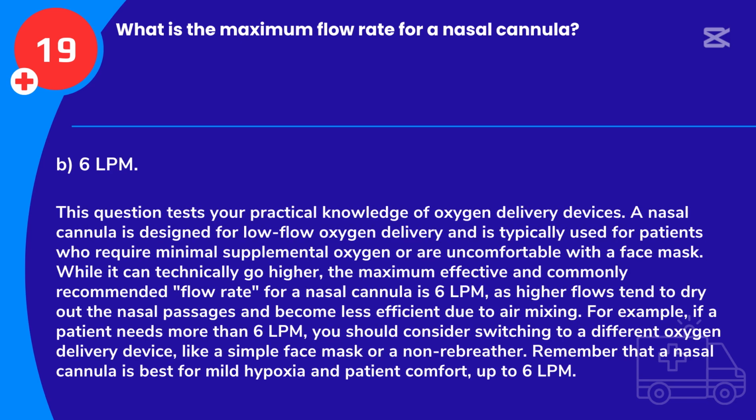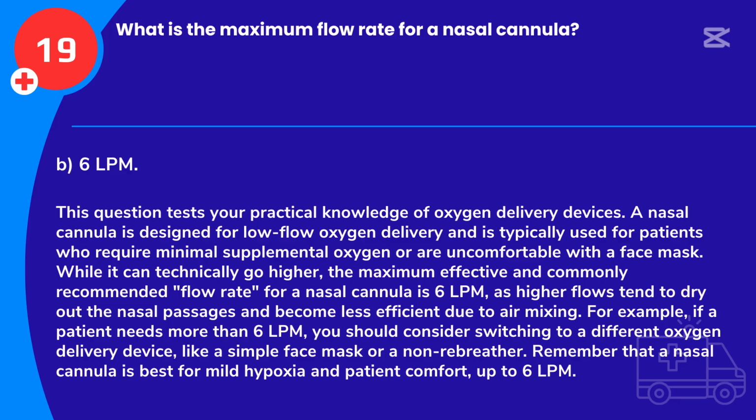Answer: B. 6 lpm. This question tests your practical knowledge of oxygen delivery devices. A nasal cannula is designed for low-flow oxygen delivery and is typically used for patients who require minimal supplemental oxygen or are uncomfortable with a face mask.